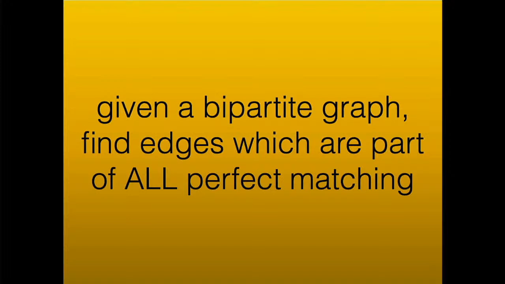I don't know if it's a good idea, but maybe using Hall's theorem, if I can find a subset that has exactly the same size in and out, then I can't take any of those edges because I would violate the condition for Hall's theorem.